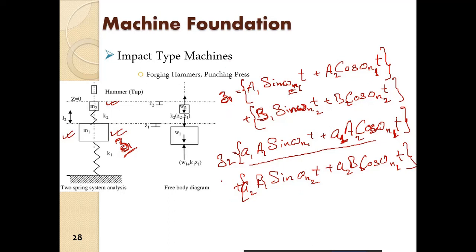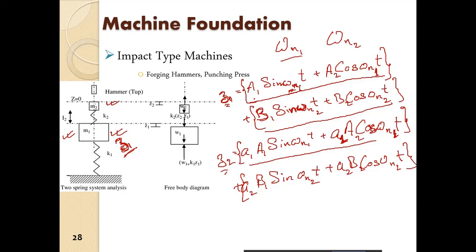Basically z1 and z2 will both be a summation of two different motions: one vibrating at a frequency of omega n1, and one vibrating at a frequency of omega n2.